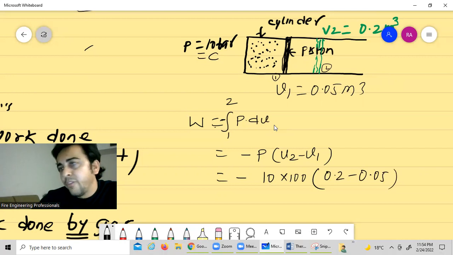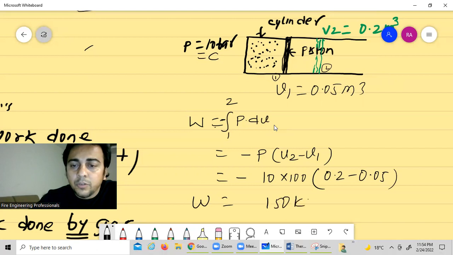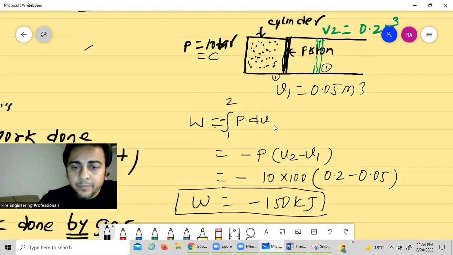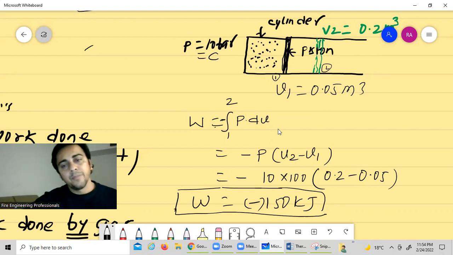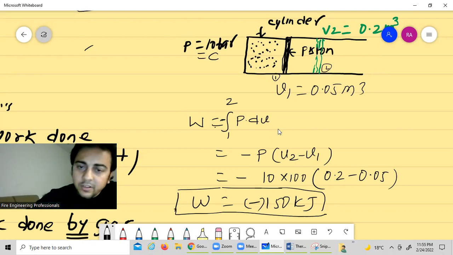If you do all the math, the work done equals minus 150 kilojoule, having the minus sign. That means while performing the job, the system loses some energy, and that is why it has the minus sign. Okay, so that's the first answer.